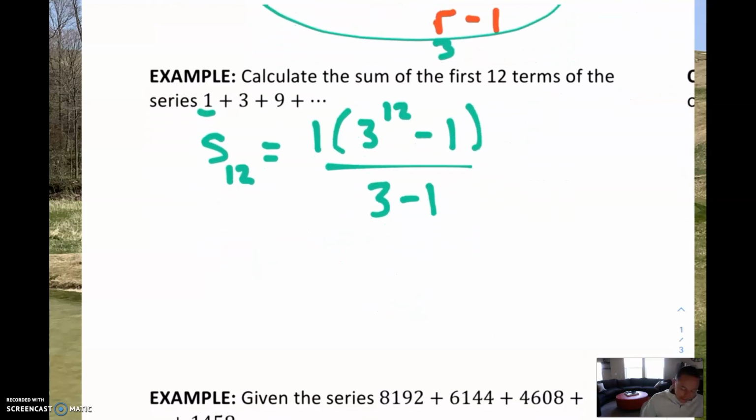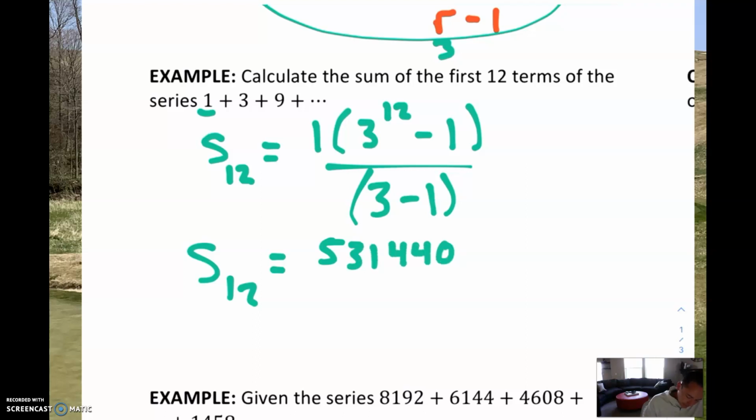And all we have to do is evaluate and simplify. So I think it's easiest if you just evaluate the top part separately and then the bottom part separately and then divide them at the end. Otherwise, you need to remember to put parentheses down here, and sometimes we forget that. So if you evaluate the top part, you end up with 531,440.